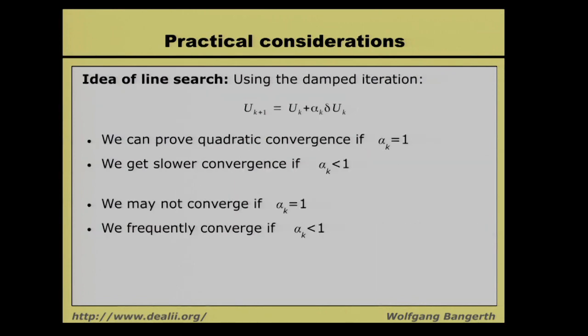Maybe to give you a little bit of a feel for what that alpha k should be: ideally, of course, we would want to choose alpha k equals 1 if we know that it converges.